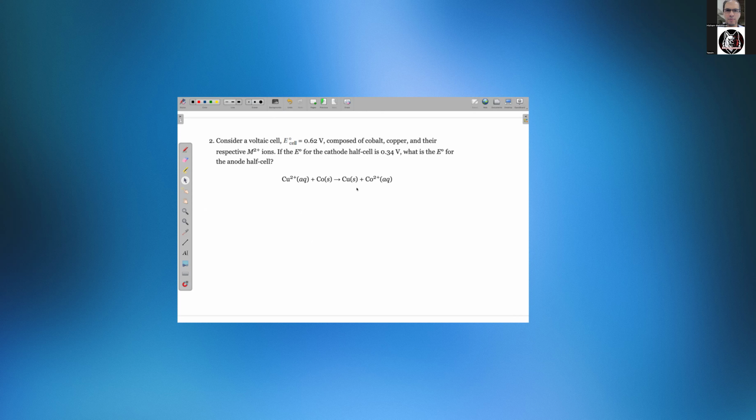And then what is the E naught for the anode half cell? Are the choices not showing? Yeah, here are the choices.